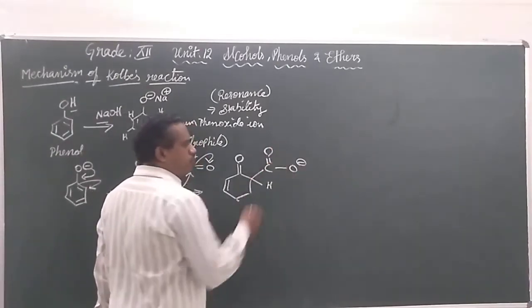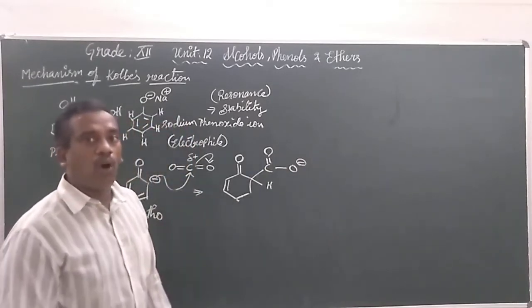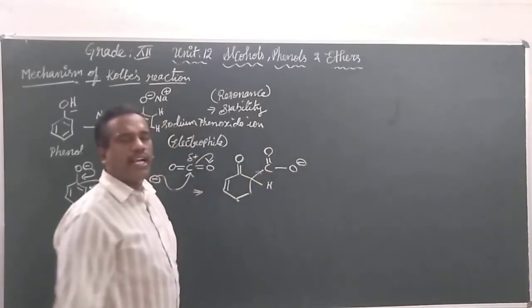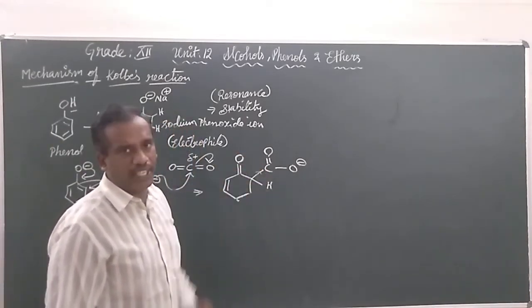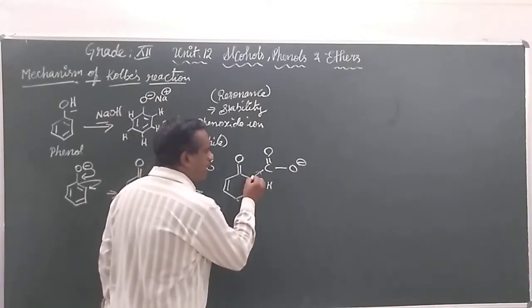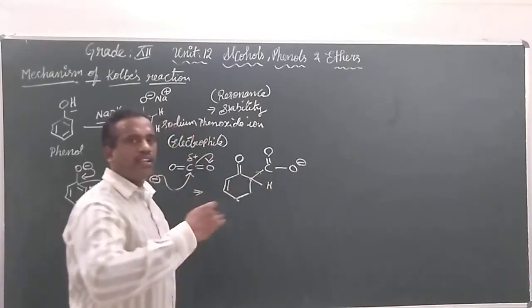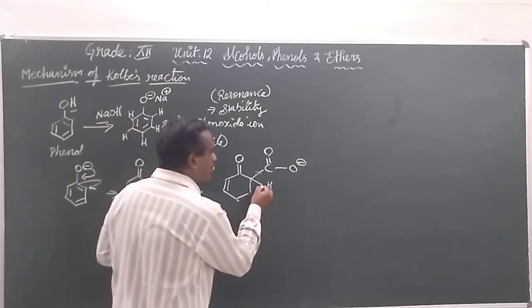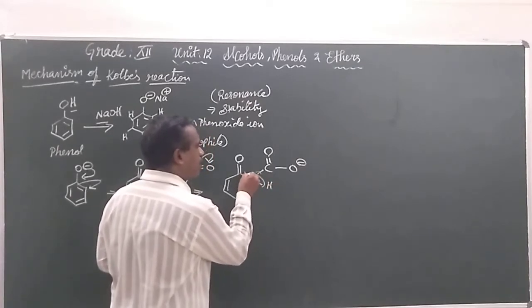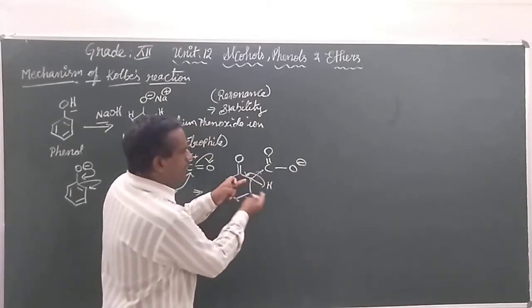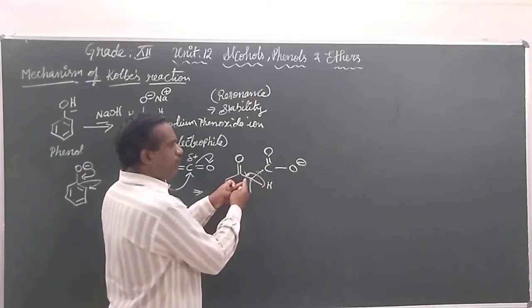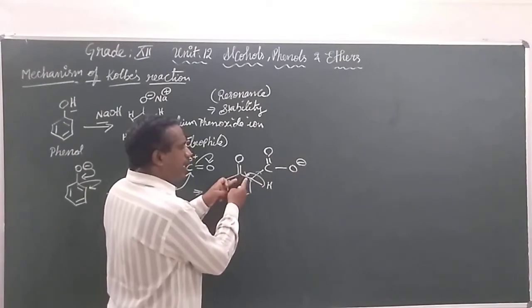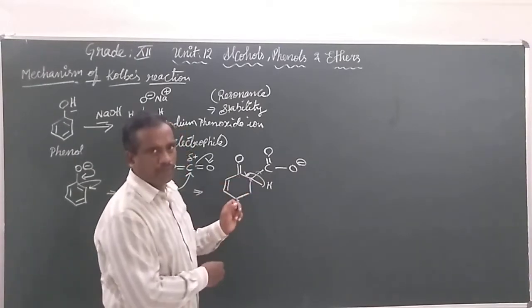This carboxylate group, the carboxylate ion, is an electron withdrawing group. It withdraws electrons towards itself. Hence, this carbon experiences the negative inductive effect. So it withdraws the carbon hydrogen bond. The carbon will take up the bond from the hydrogen, and that will make these two electrons bond between the carbonyl group and the carbon.